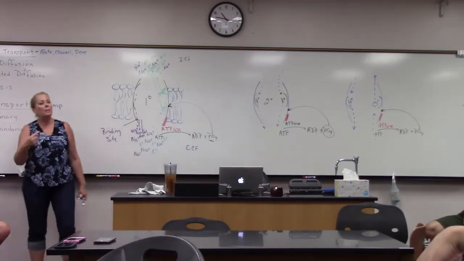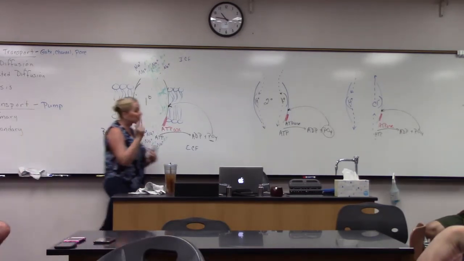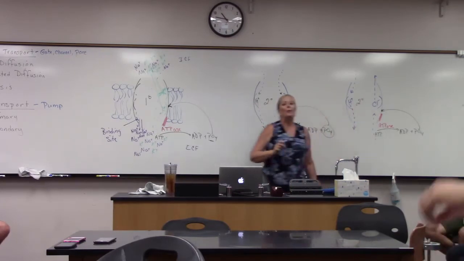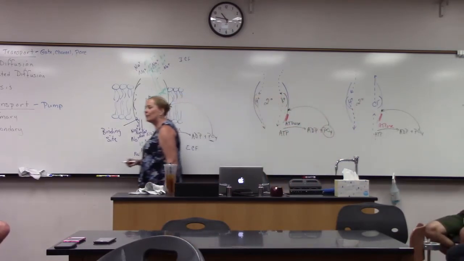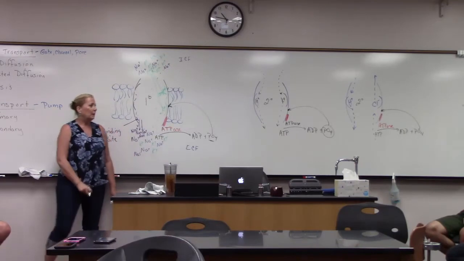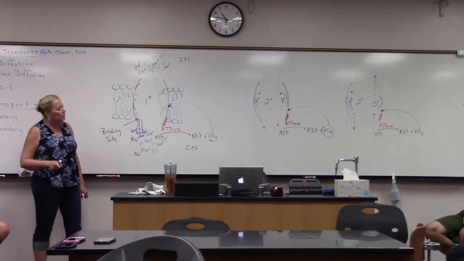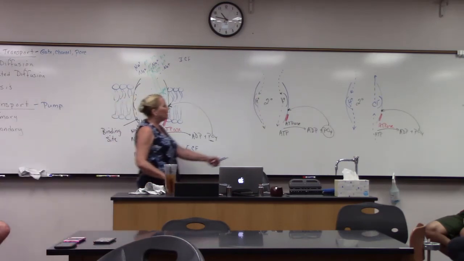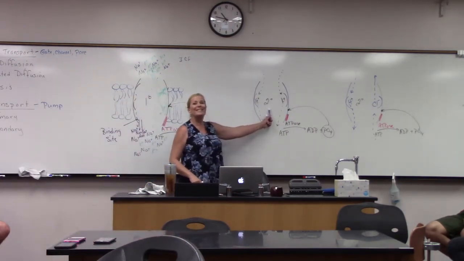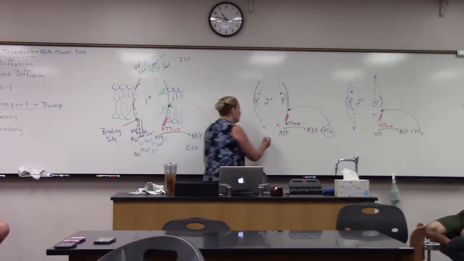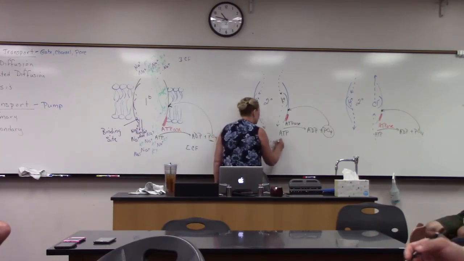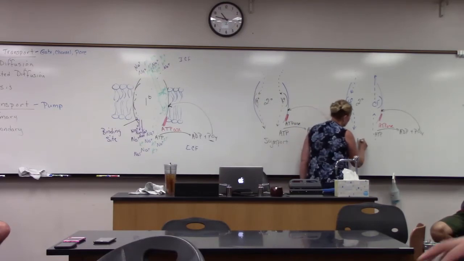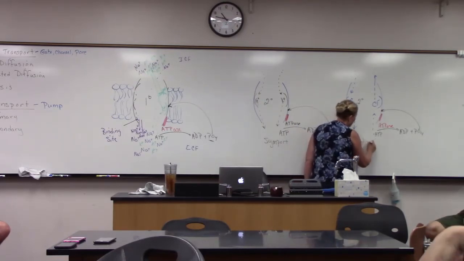Now this type of pump is also still secondary active transport because again, we're moving two different types of chemicals at the same time. Now, it doesn't matter if it's primary, it doesn't matter if it's secondary. If you're moving chemicals in the same direction, we would call this symport. If you're moving them in opposite directions, we would call this antiport.